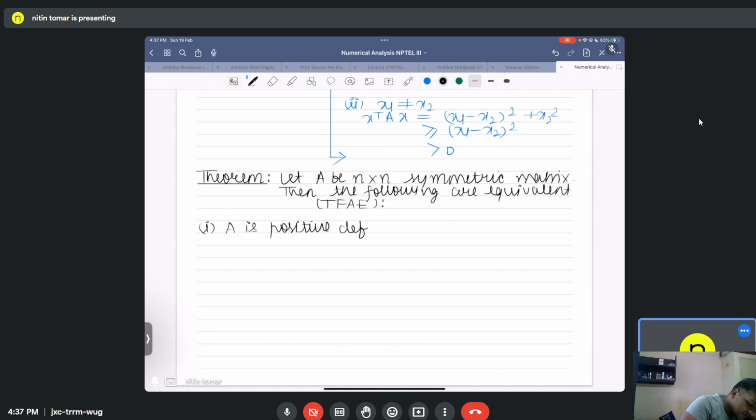Now you will see these principal minors play a very important role. Number two, all the principal minors are positive. See, this is the second time the principal minors have come into the picture, right?